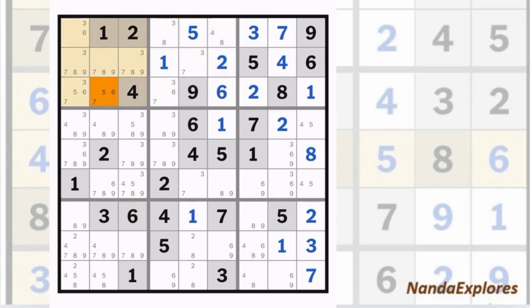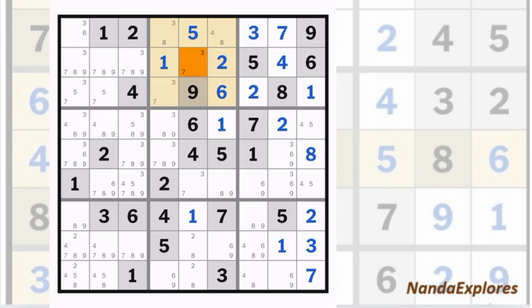Then 6 is there, so you remove 6 from these 2 cells, and then here you remove 6. So it will be 3, 7, 3, 7.